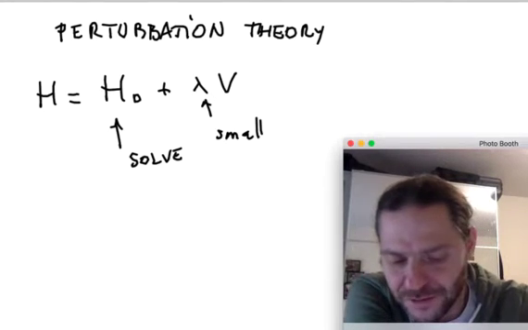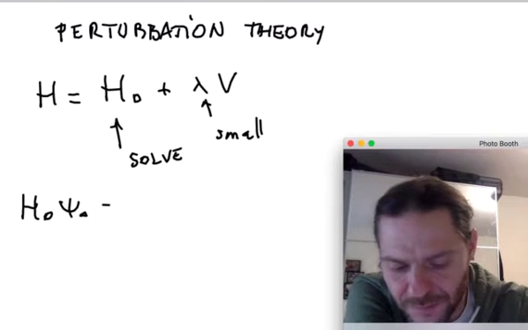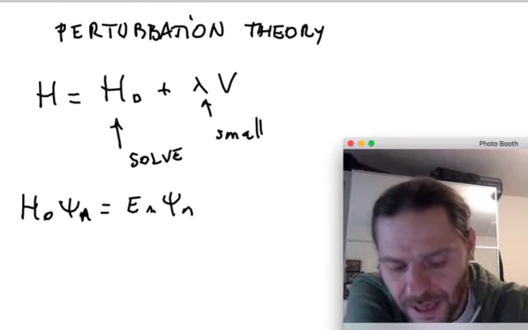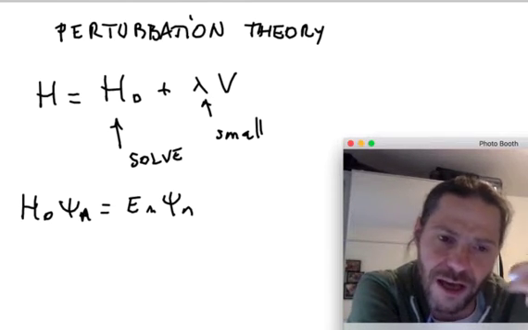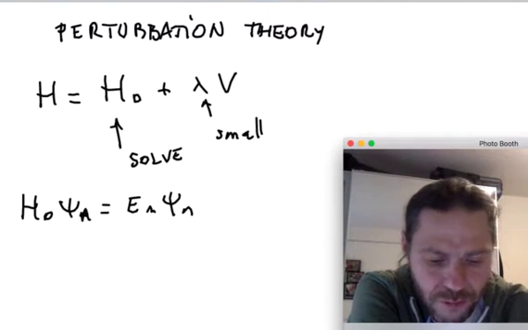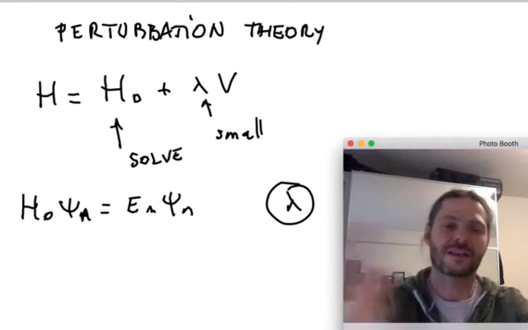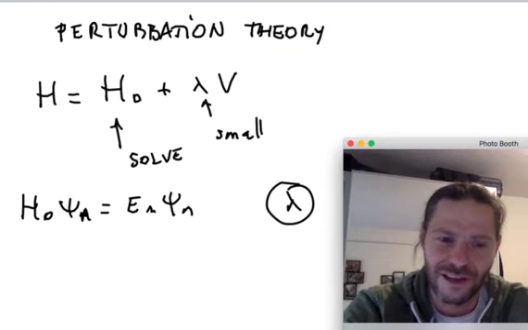And typically, perturbation theory tells you, okay, if you can diagonalize the unperturbed Hamiltonian, then you have a way to approximate both the eigenvalues and the eigenstates of the full Hamiltonian, provided that the lambda parameter that sits there is small. That is, in a nutshell, what perturbation theory is all about.